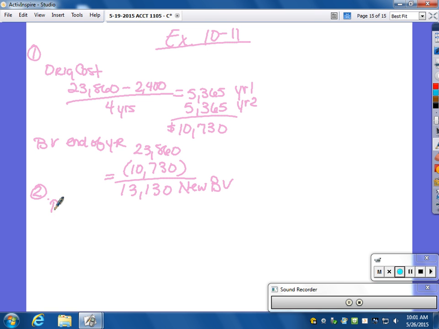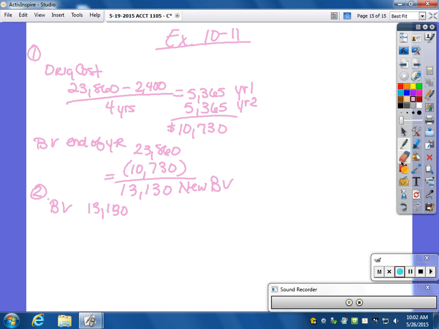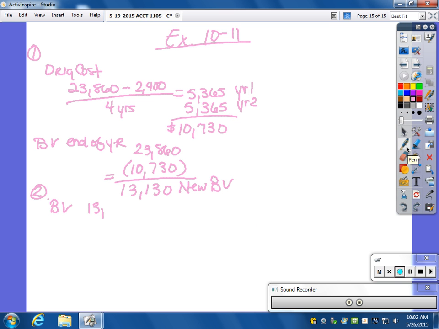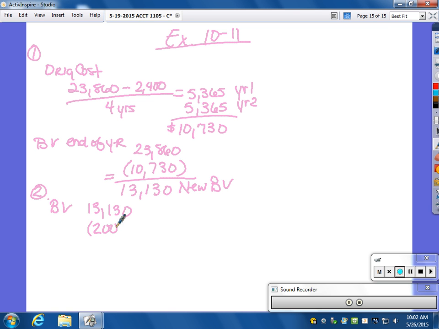If we take the book value of 13,130 and subtract the new salvage of 2,000, what's the new depreciable value? 11,130.